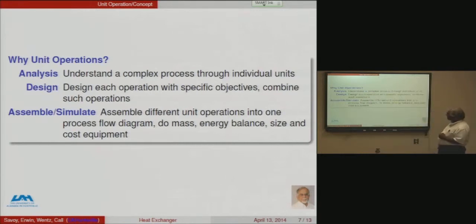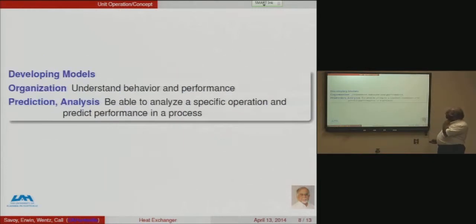So we can assemble and then we can simulate them and figure out, when you put the parts together, how does the whole behave? So you can create a process flow diagram, do mass and energy balance, size the equipment, find out the cost, and so on and so forth.